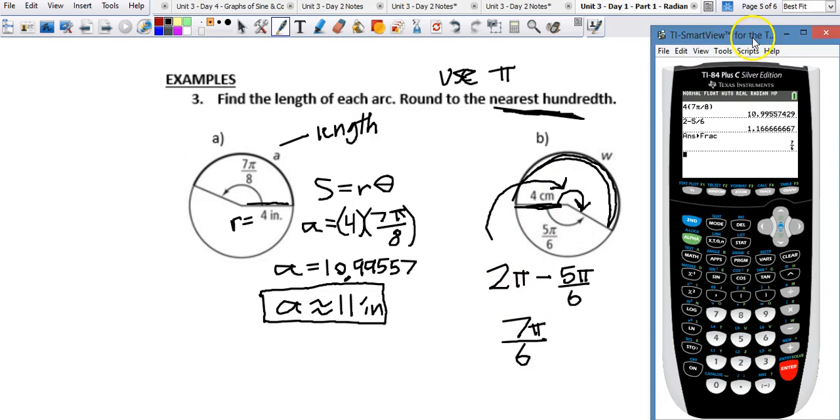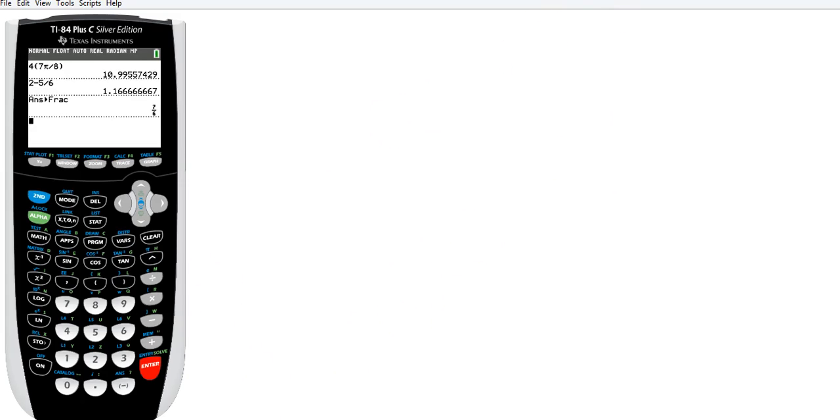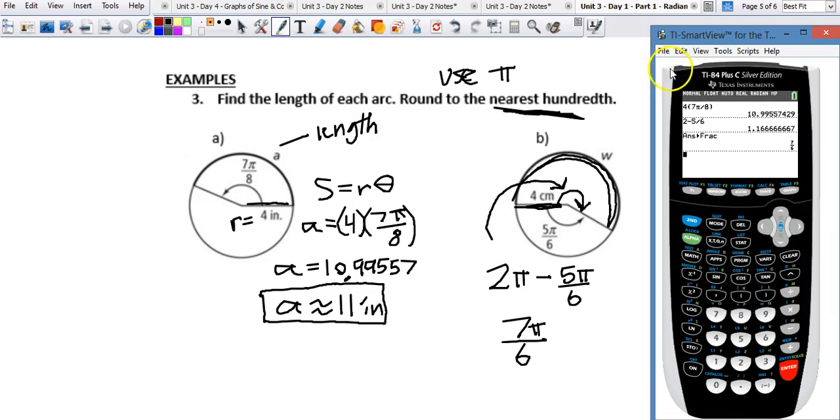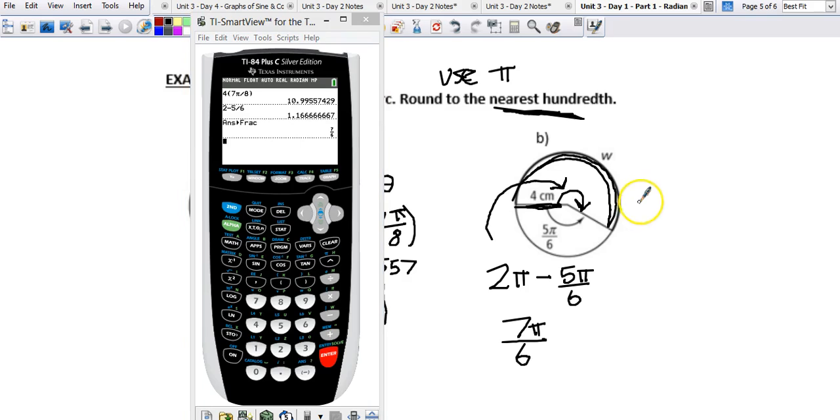So using our formula, just plug in everything we have. S is going to be W. That's our length. Radius, in this case, is still 4. But our theta is going to be 7 pi over 6.